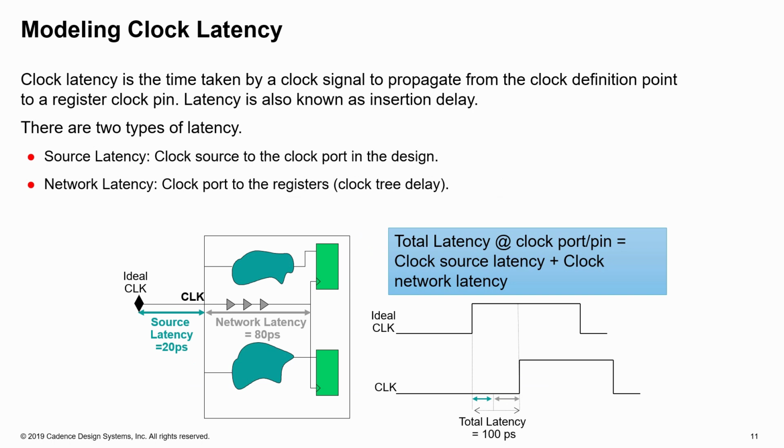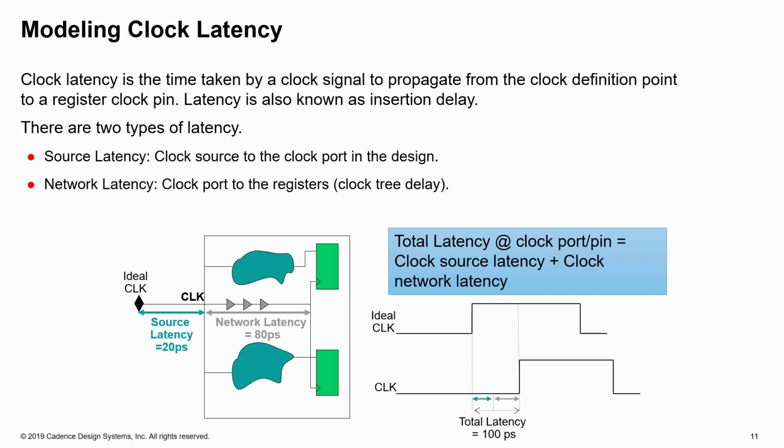We need to model when the clock arrives at different points in your design, the flops and latches and so on. And when you model what time that particular clock is arriving at any given flop, that gives you the actual time that is required for that particular signal at a particular flop to reach the next flop and so on. So this kind of modeling is done via latencies, and you need to define two types of latencies. One is the source latency and the other one is the network latency.